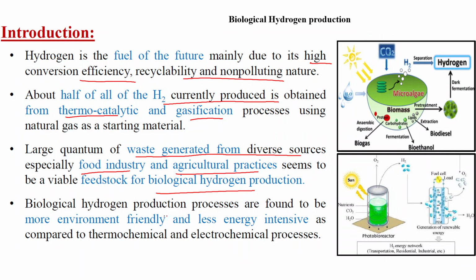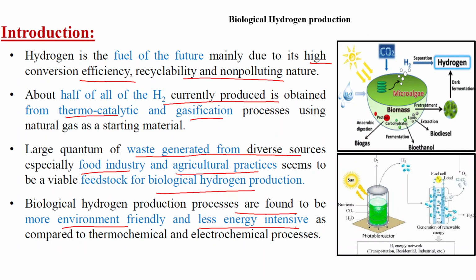Okay. So biological hydrogen producers are found to be more environment friendly and less energy intensive compared to thermochemical or electrochemical processes. How? Because in these biological methods, we use bacteria which convert this agricultural and food waste, which helps in the degeneration of the waste, and in the degeneration process they produce different gases, and in that process they can produce hydrogen, since this waste consists of a high amount of hydrocarbon.